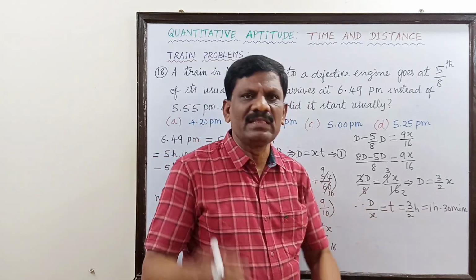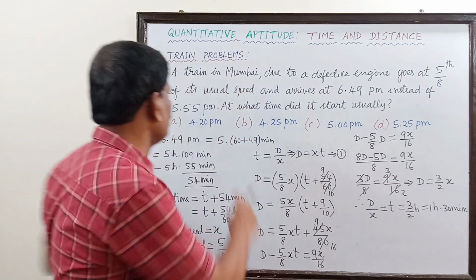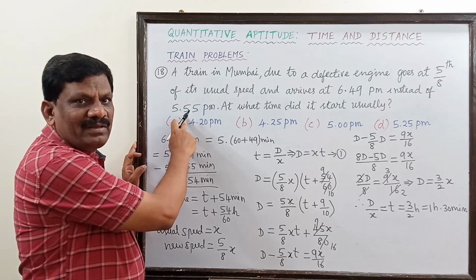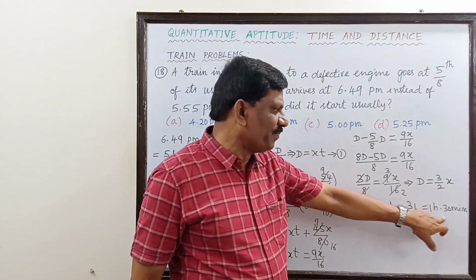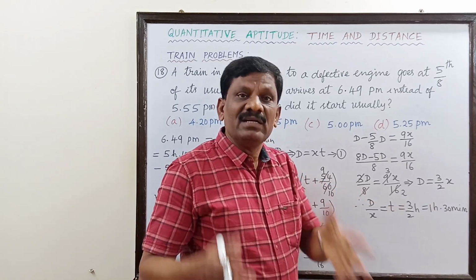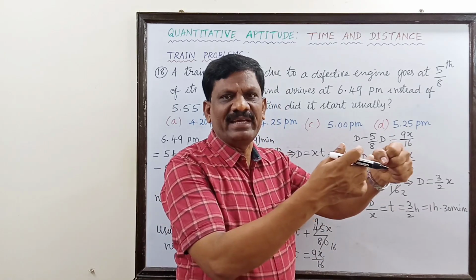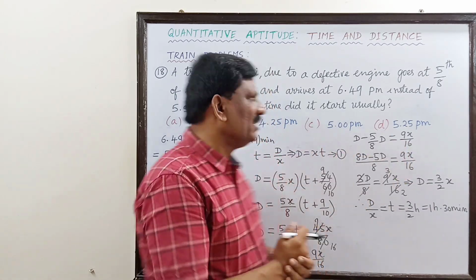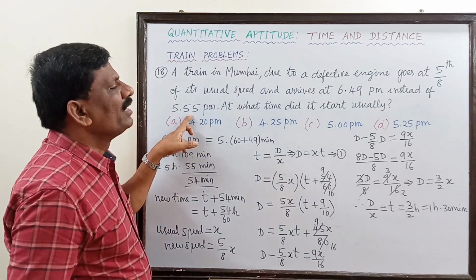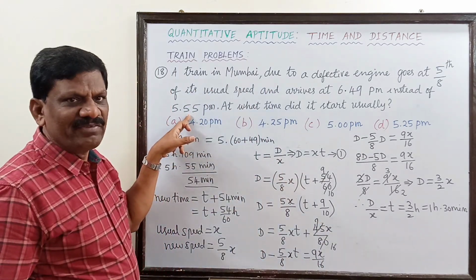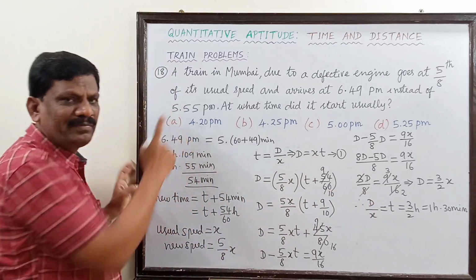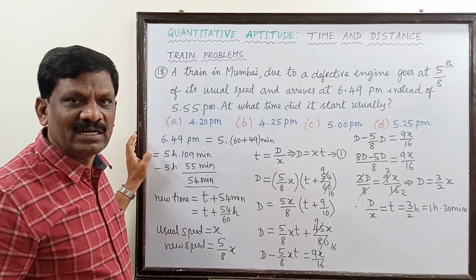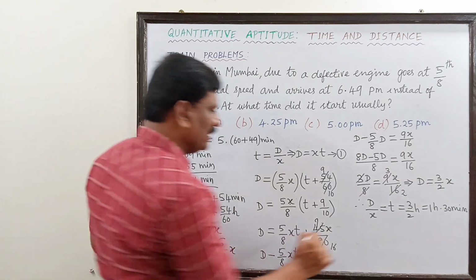This is the regular duration of the running of the train. The usual reaching time is 5:55. If this 1 hour 30 minutes is subtracted from 5:55, the regular starting time can be calculated.